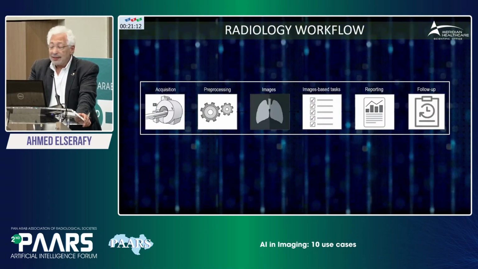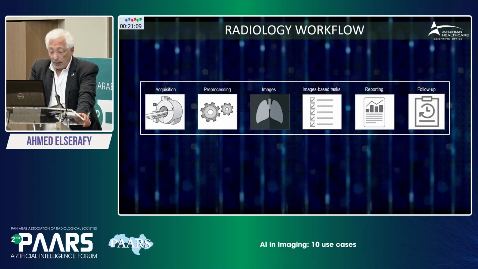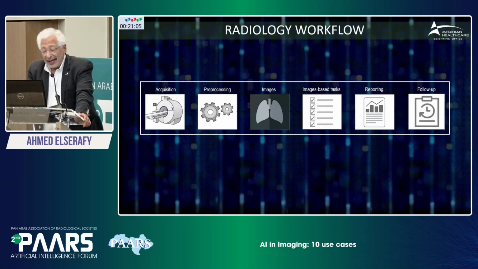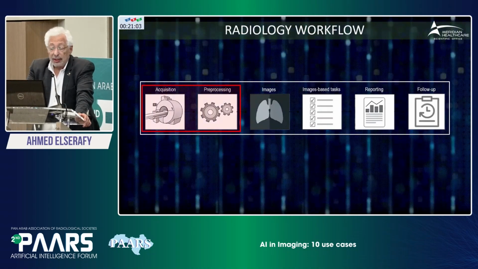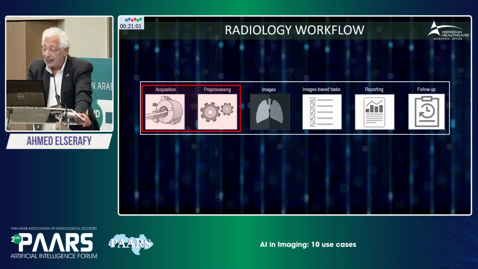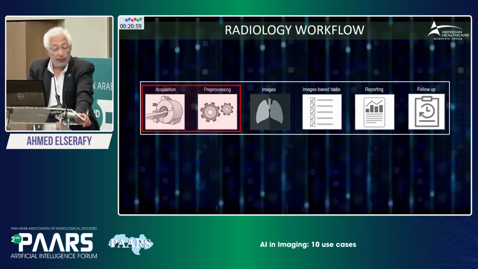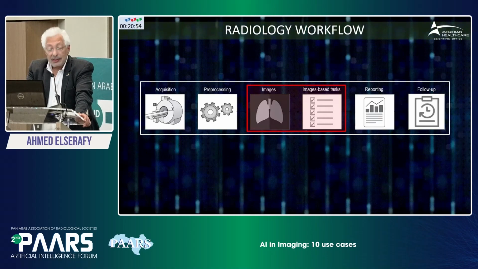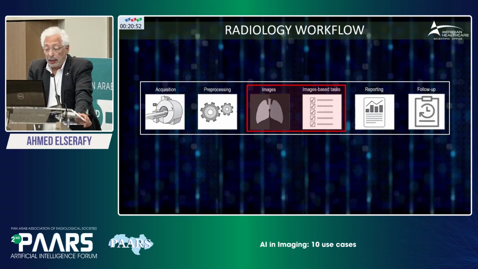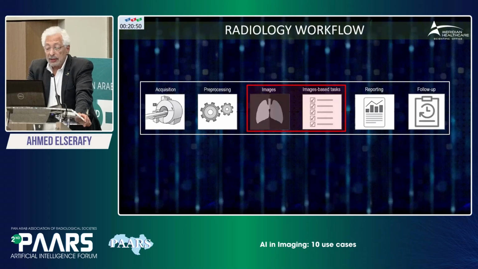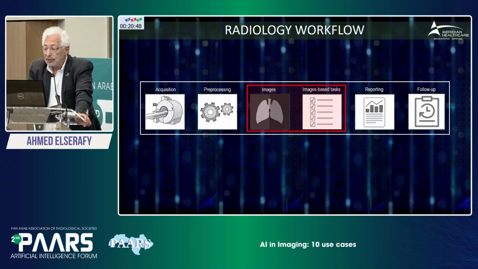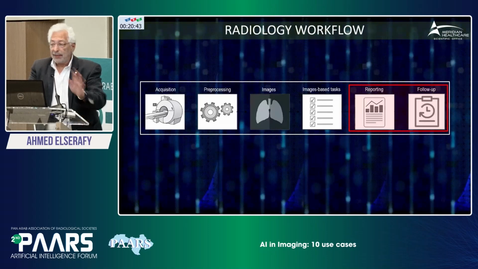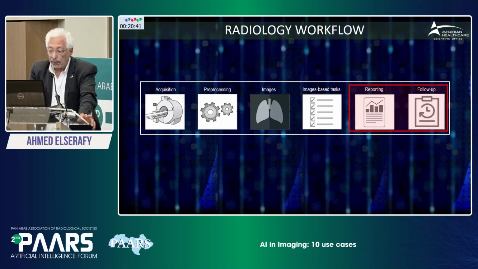But this is a very simple workflow for radiology, whereby AI can be introduced in the pre-image stage, which is the acquisition and pre-processing of imaging, or in the reading stage, which is the interpretation of the images, or the tasks related to the images, and to the post-reading stage. So these are the 3 main stages of any radiology workflow.